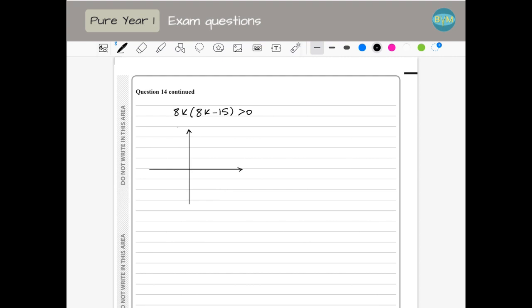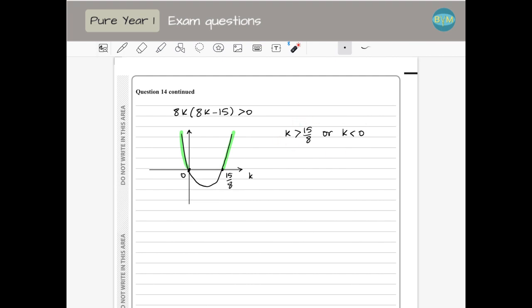So this quadratic, if this is k, the roots are 0 and 15/8, so my quadratic is something like this, where this is 15/8 and this is 0. This is going to be positive here, above the x-axis, and here, which means k must be greater than 15/8, or k must be smaller than 0 to have two real solutions.